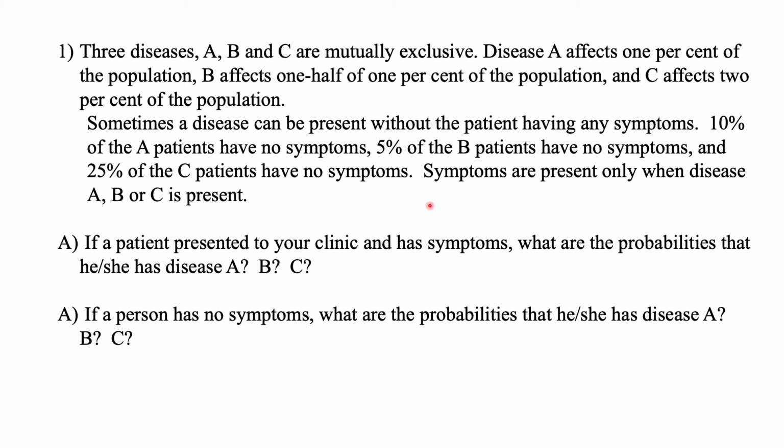And the other information is that symptoms are present only when disease A, B, or C is present. That means if the patient has symptoms, he should have either disease A or disease B or disease C.